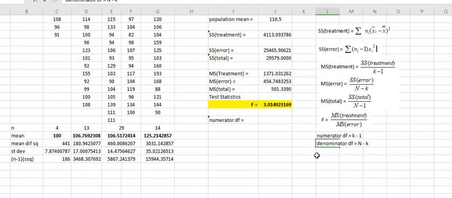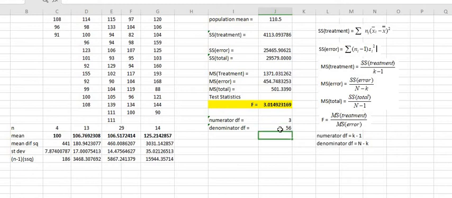Okay. Are you okay? So numerator degrees of freedom, K minus 1. Our K here is equal to 4 minus 1. That is 3. Equals 4 minus 1. So that is 3. And then the denominator degrees of freedom, that is equivalent to 60 minus 4.